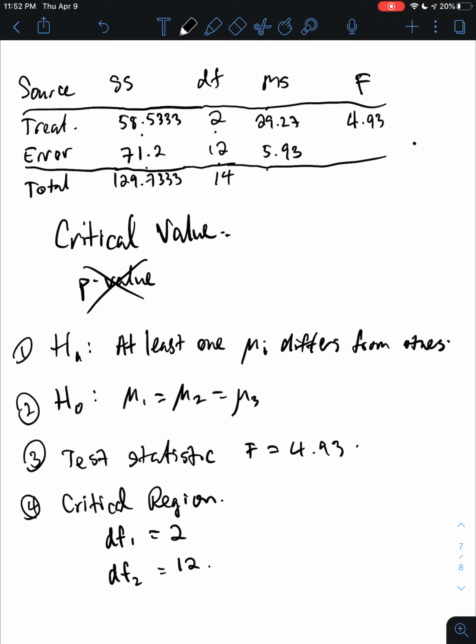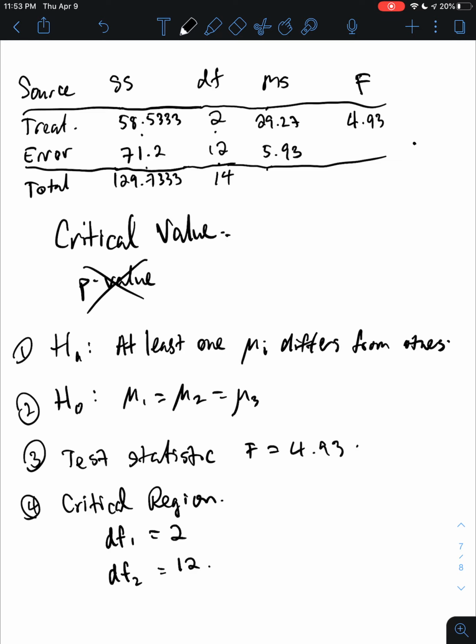We are going to go across the table and look at the df1 is 2, so that is the first column. And next we're going to go down, df2 is 12, so we have to go on to the second page for that. Third page, sorry. We're going to look at the third page, so we've located df1 is 2, df2 is 12.